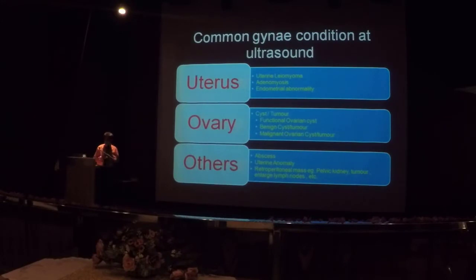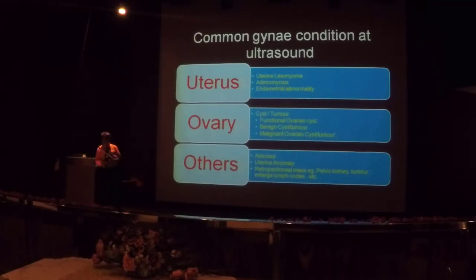We look at the uterus. Commonly, abnormal findings in the uterus are usually endometrial abnormality, uterine leiomyoma, adenomyosis. For the ovary, I think you all know, it can be a cyst or tumor: functional ovarian cyst, benign cyst or tumor, malignant cyst or tumor.